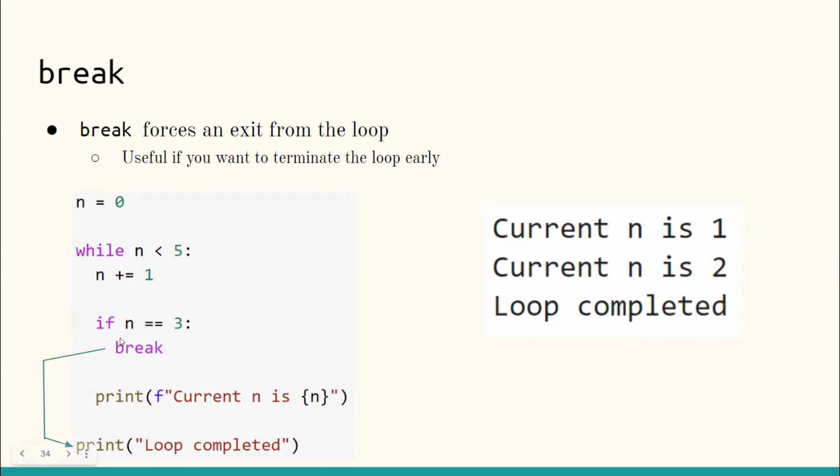But once n is equal to 3, this if statement will be true, and then it will reach this break keyword, and this forces the while loop to stop, and therefore you see print loop completed, and you don't see the further values of n.